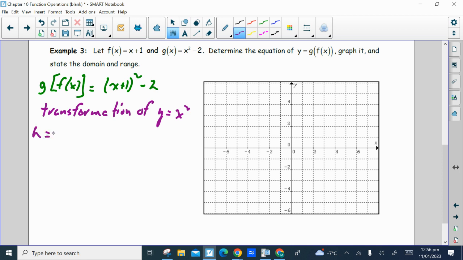H is negative 1, so the graph will shift 1 left. K is negative 2, so the graph will shift 2 down. Remember, the value of h is always the opposite of what it appears to be, because our general form is x minus h.